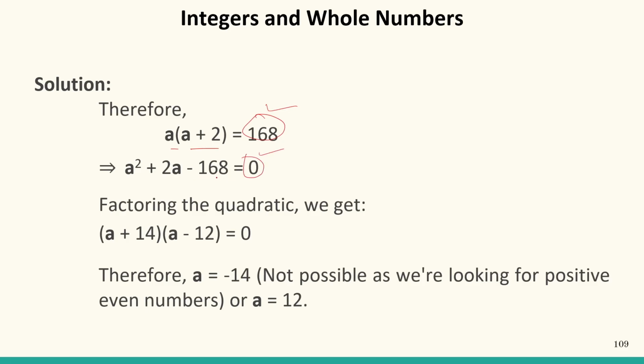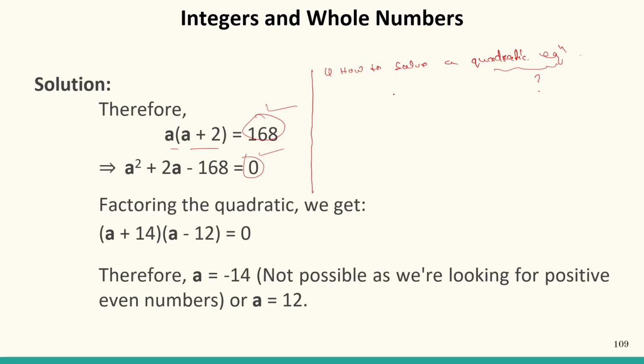So we need to solve this quadratic equation. So how can we actually solve a quadratic equation? In order to solve a quadratic equation, what do you need to do? Quadratic equation is nothing but a quadratic expression equated to 0. So what is a quadratic expression?